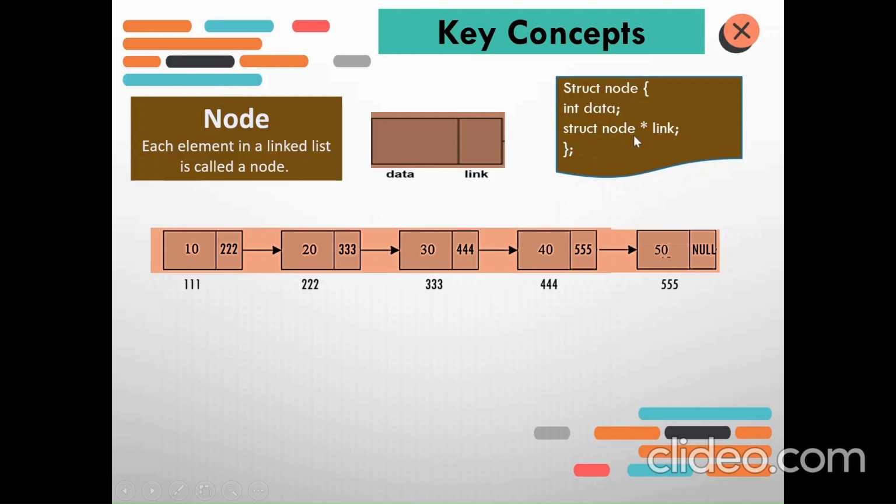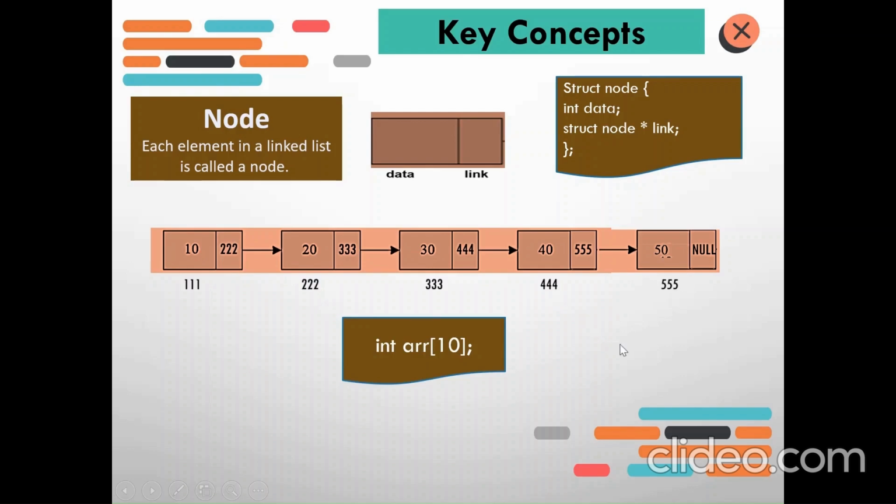So I hope you understood that. What does this struct node asterisk mean? This struct node asterisk means that these addresses, or the address that would be stored here, would be of some node. So here that has been justified because I have stored this 222 here, which is the address of another node, like this one itself is a node, right?